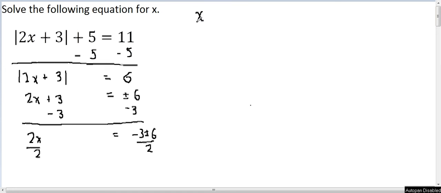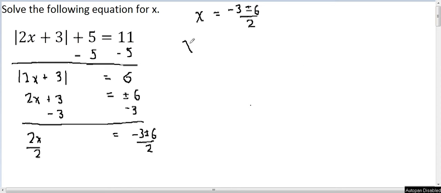So we found that x is equal to minus 3 plus or minus 6 over 2. We can separate the two solutions, two expressions, by using the plus and the minus in each of the expressions to get the actual numbers that are solutions to this equation.